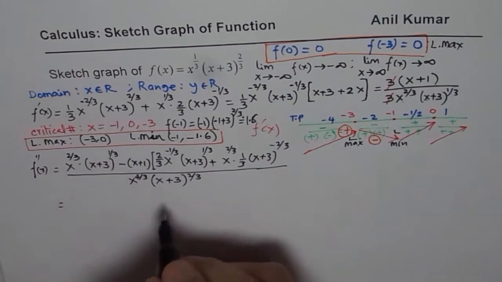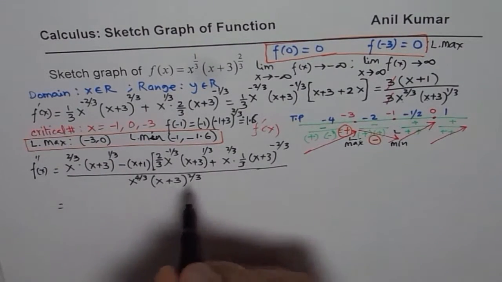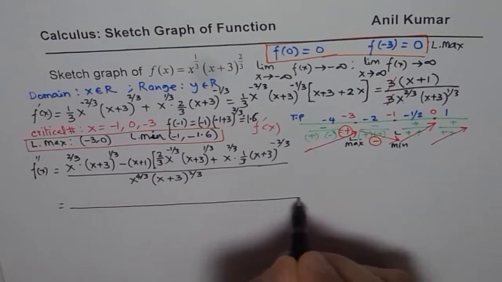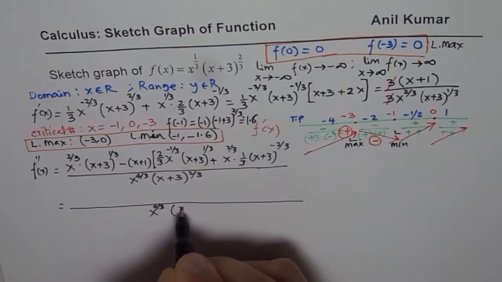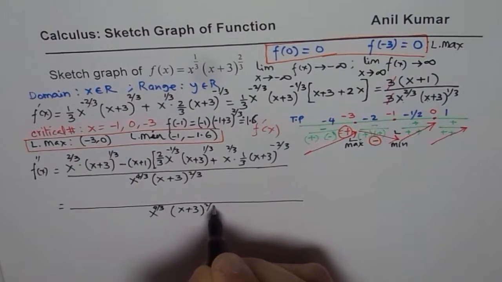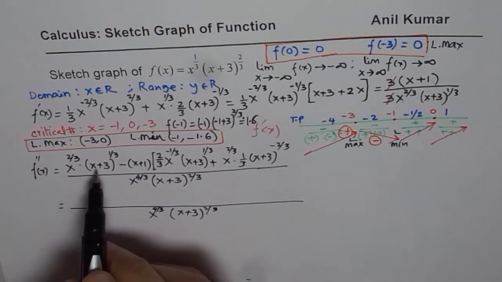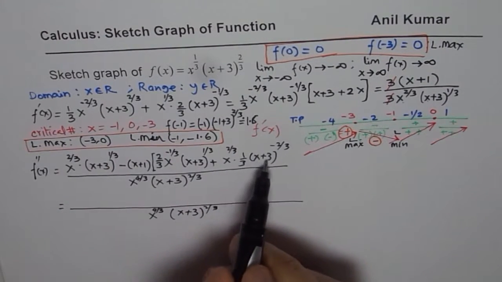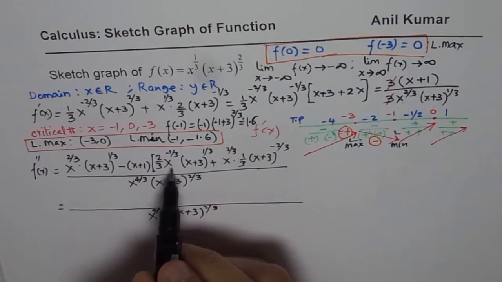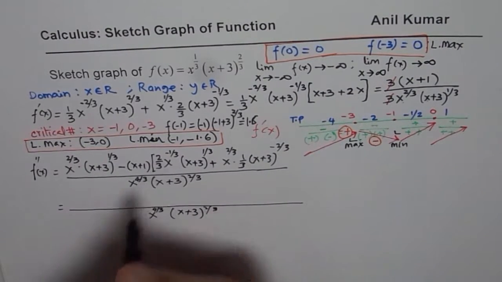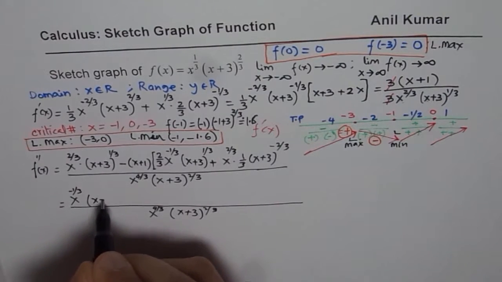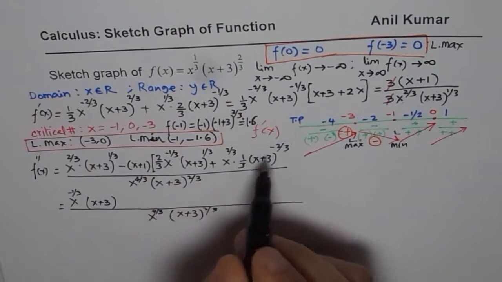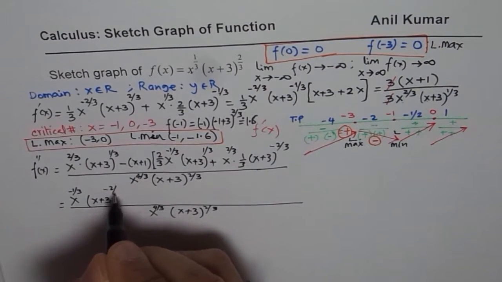Let us simplify this one. So simplify means, okay, denominator is x to the power of 4 over 3 times x plus 3 to the power of 2 over 3. You can see here that we can take some x and x plus 3 common. Which is the lowest power? Minus 1 over 3 is the lowest. So we'll take x to the power of minus 1 over 3 and x plus 3 to the power of minus 2 over 3 as common.